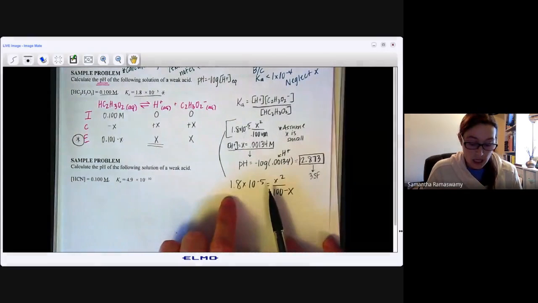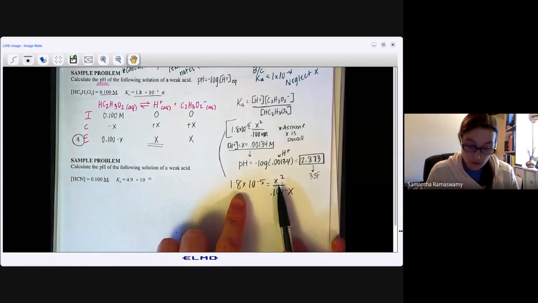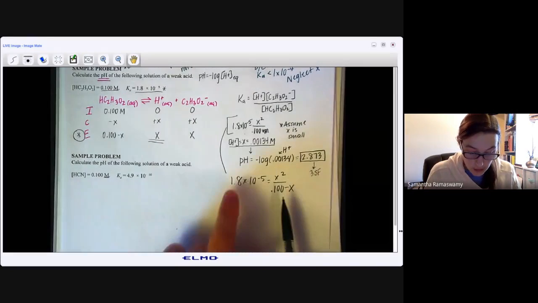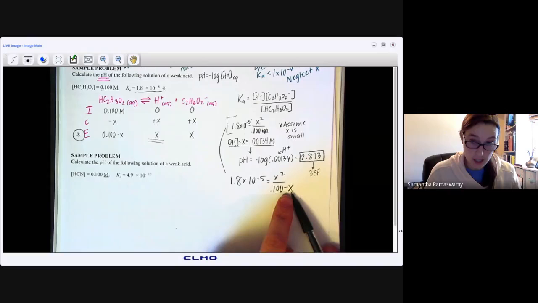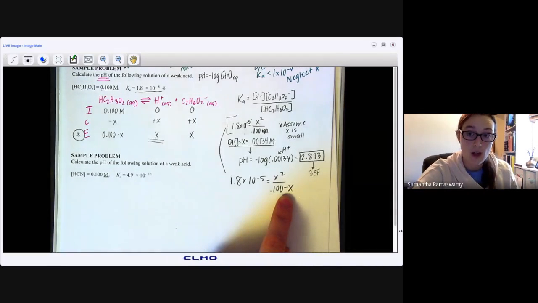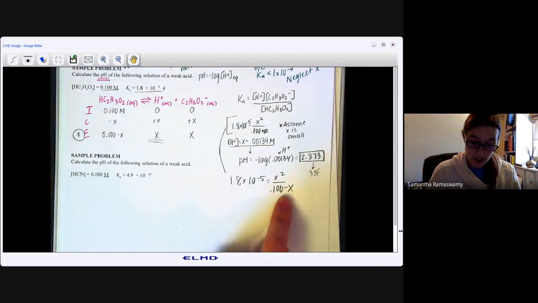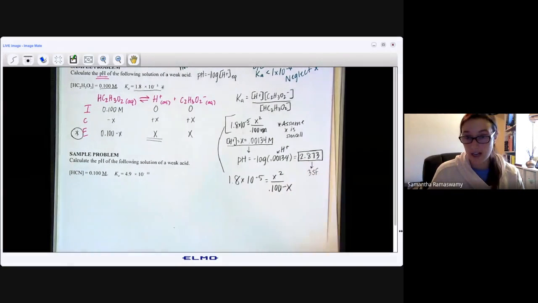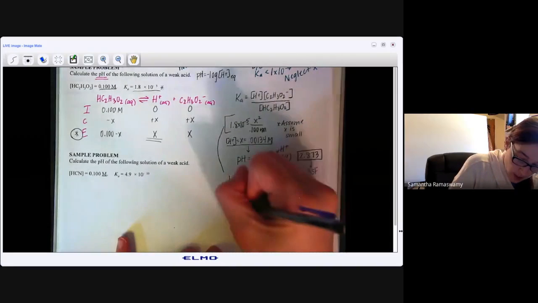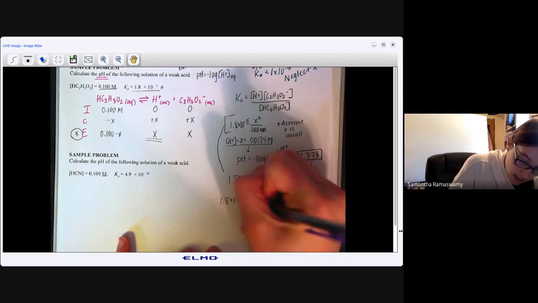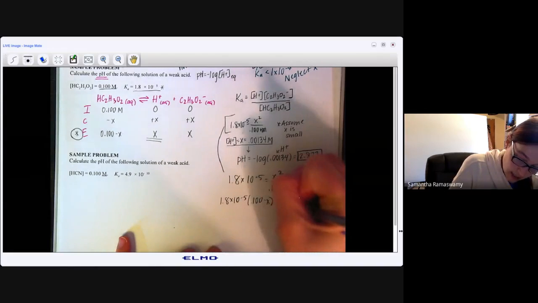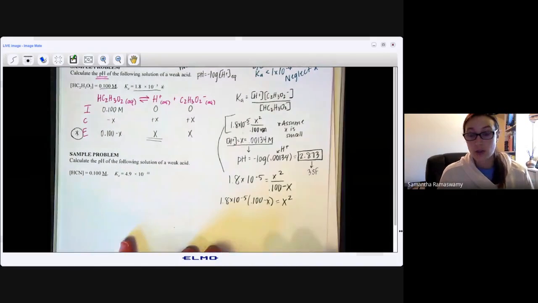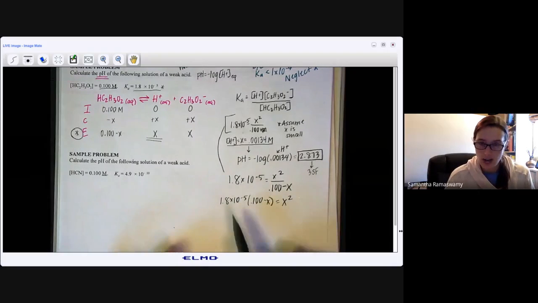And to solve for x, I notice that I have an x squared and a single value of x. Right now, if I were to solve for x, I would have to use the quadratic. If I multiply this over, it would be 1.8 times 10 to the negative 5th times 0.1 minus x equals x squared. So I'd have to use the quadratic for this.